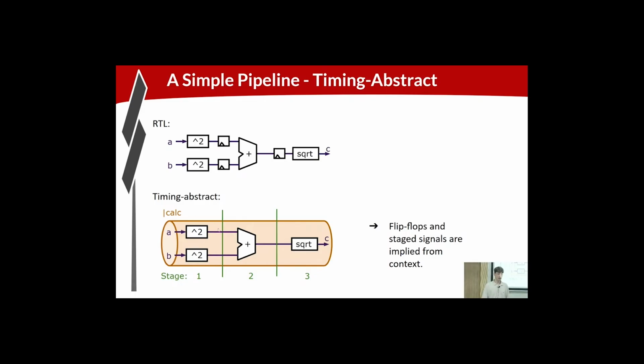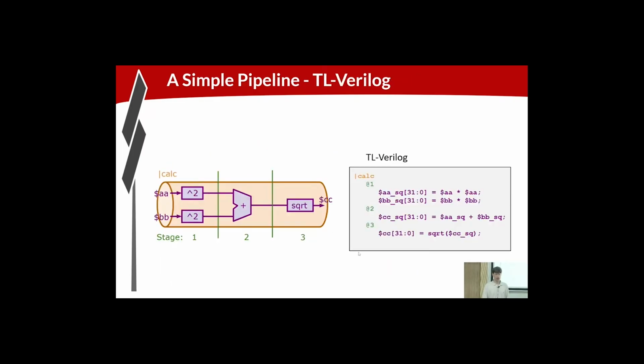So I'm not depicting the flip-flops in this representation of the model. Instead, I'm giving it context, and from that context I can imply the flip-flops. All right, if I assign a squared in stage 1, but then I use it in stage 2, I need a flip-flop to get me from stage 1 to stage 2.